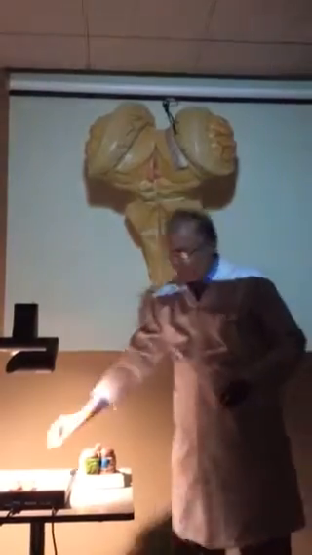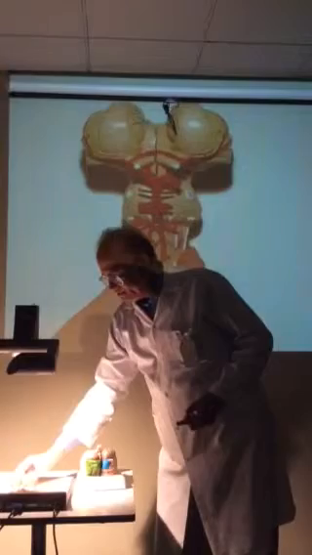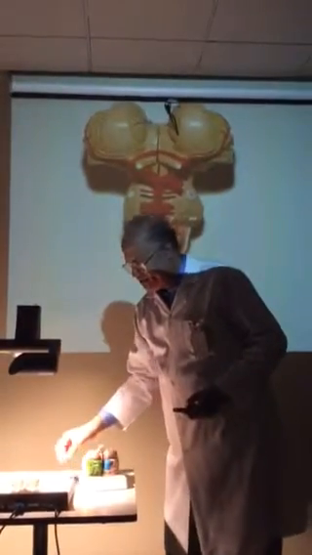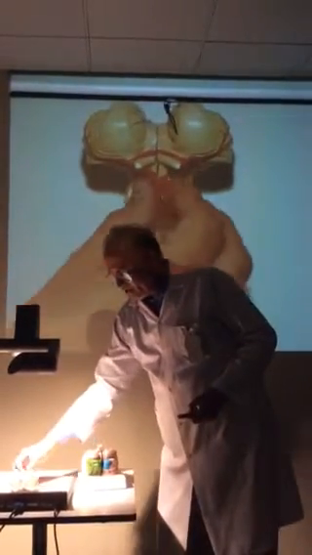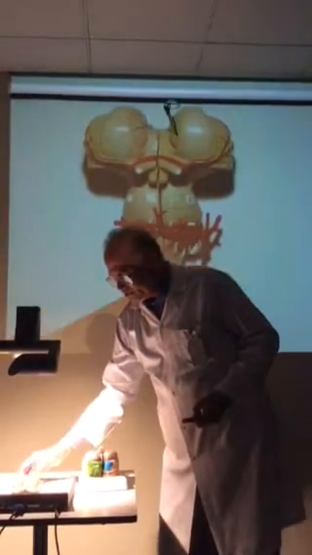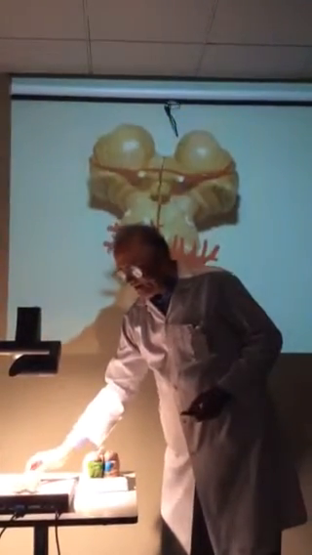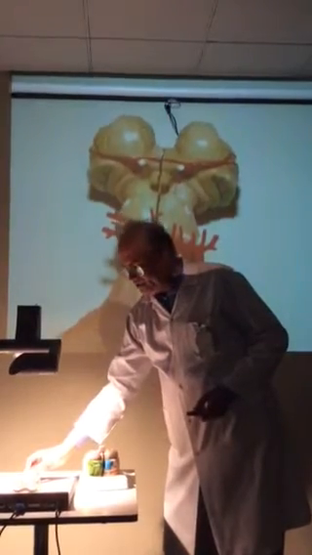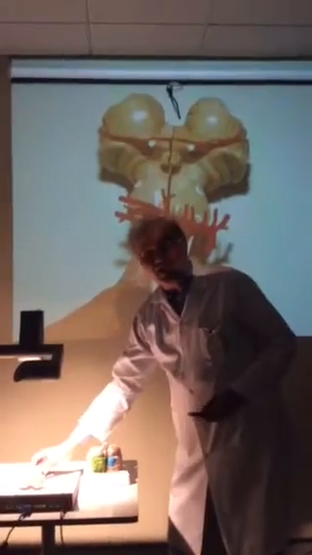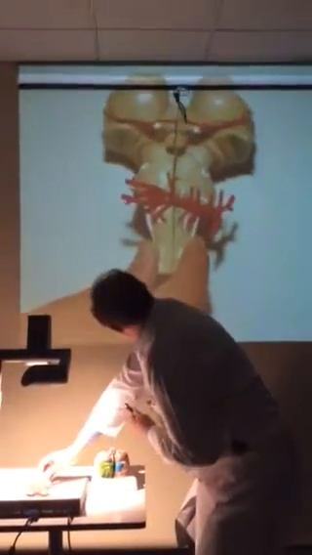Now, if I turn this model to the anterior side, you can note the other cranial nerves. I am moving these arteries sideways like this, so that you can see. Now you can see the midbrain very clearly. Can you see the two cerebral peduncles? Very clearly now?